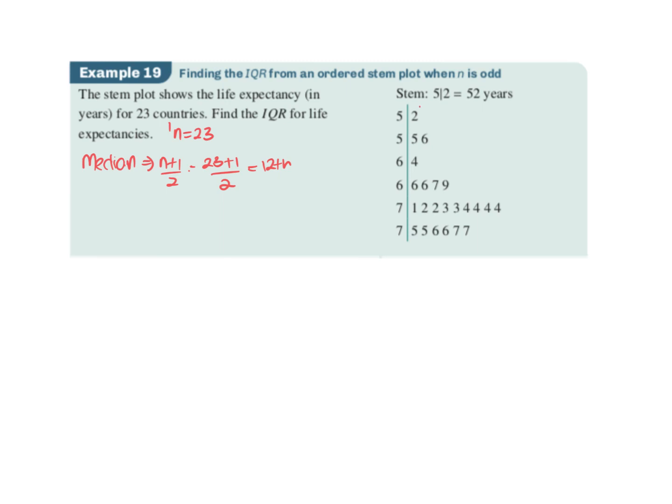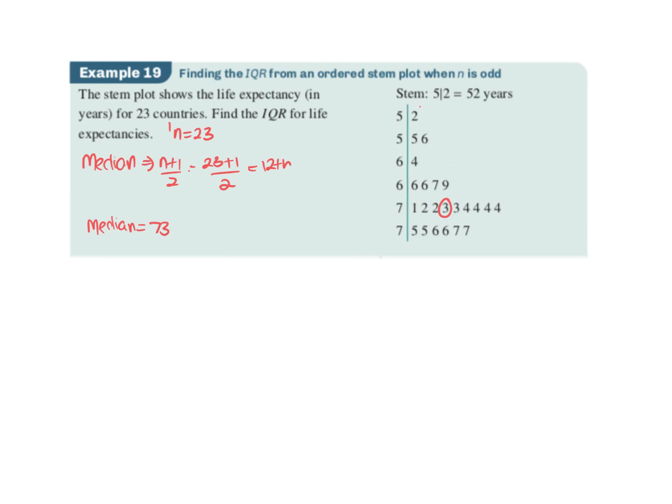So if we go through 1, 2, 3, 4, 5, 6, 7, 8, 9, 10, 11, 12. So there's my median. The median was actually 73. Okay, so now I've split the data in half. I know that that is my median there.